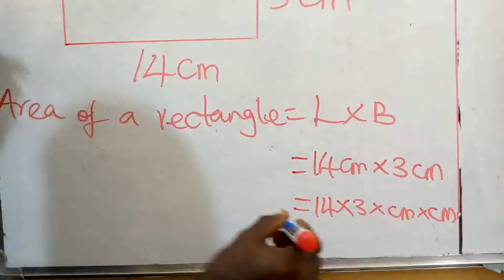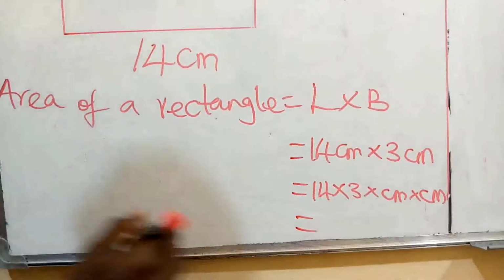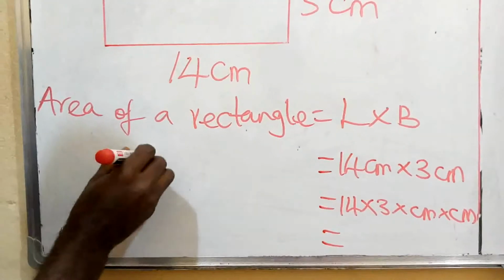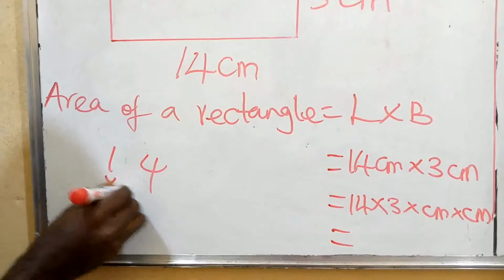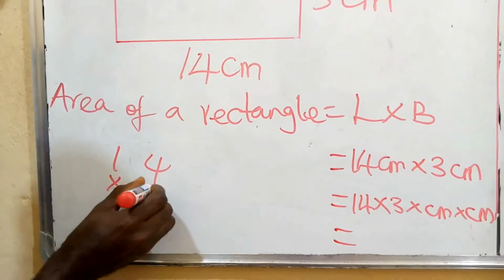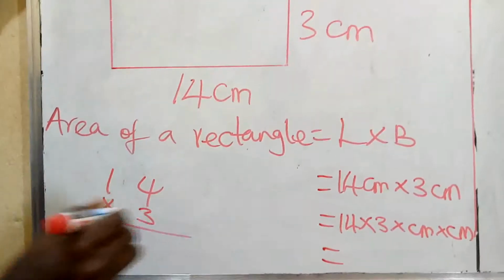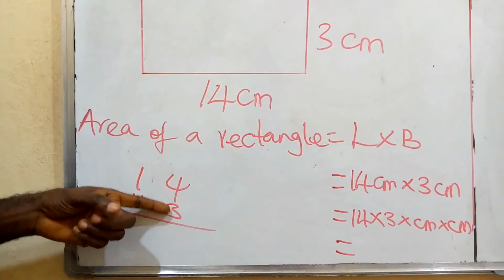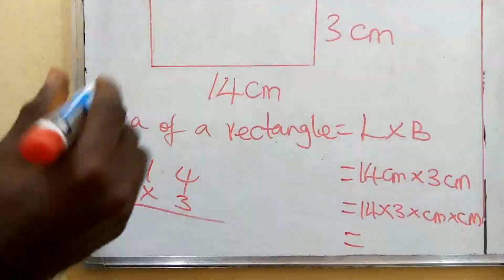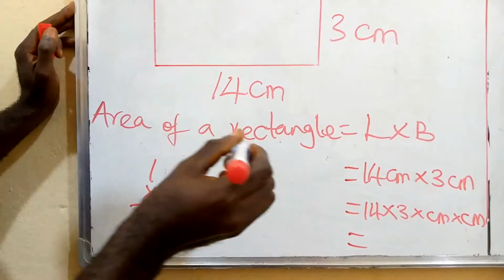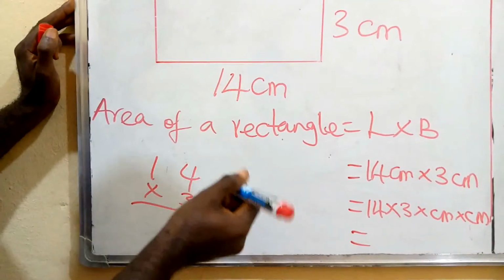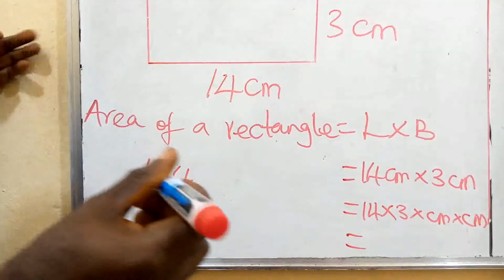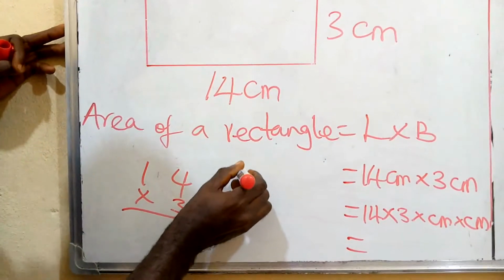Now using your rough work, we have 14 times 3. This is 3 times 4. 3 times 4 is what? Using your multiplication table, your answer will be 12.